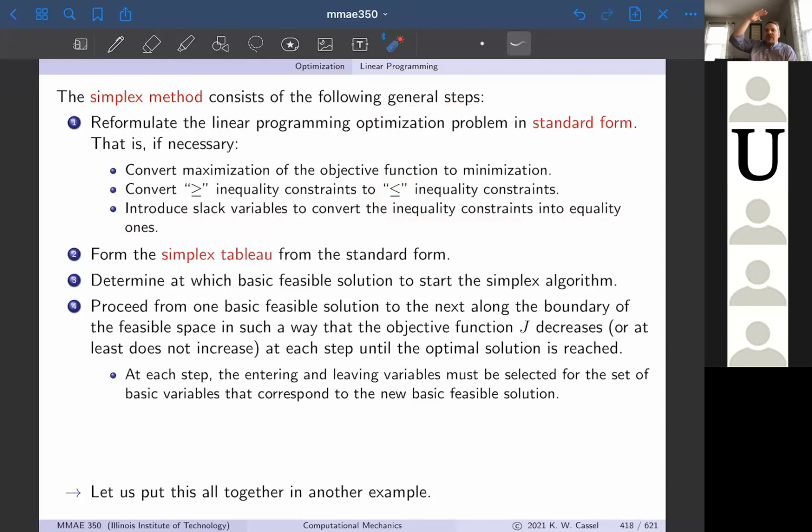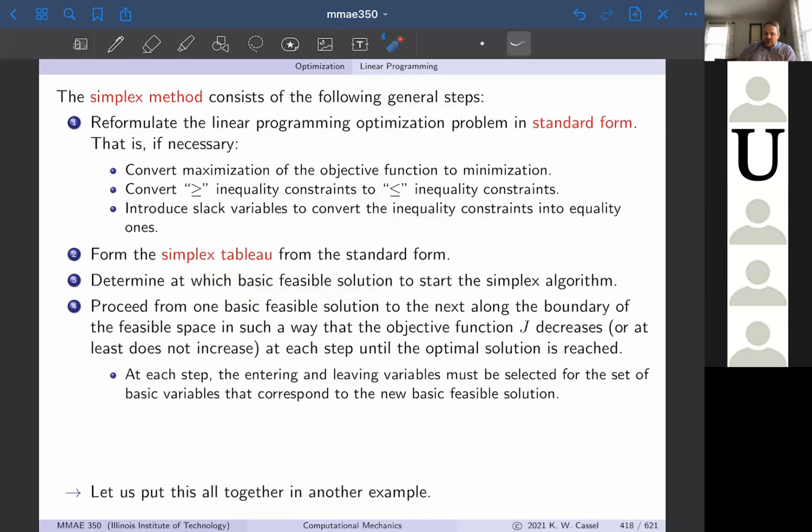All right, so again, word problem, raw equations based on the word problem itself, adjustments to put it into its standard form, and now we're ready to apply the simplex method. So the next step then is to write down the simplex tableau from that standard form, determine which of the basic feasible solutions you're going to start with. So which point are you going to start at? That determines which values of x and s, the x's and the s's, are 0 and which are non-zero.